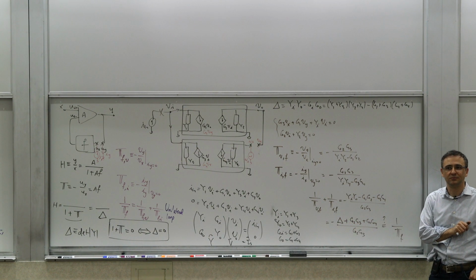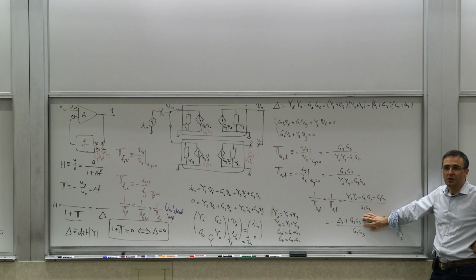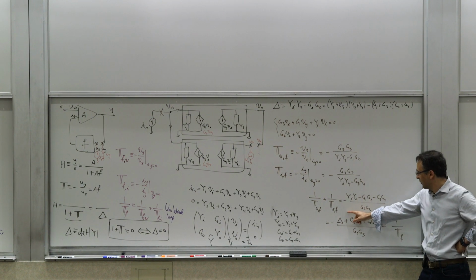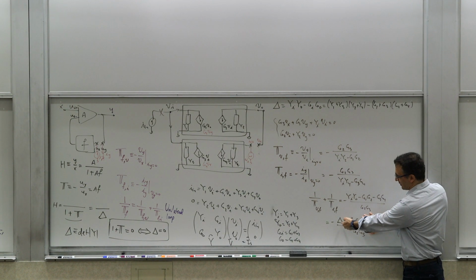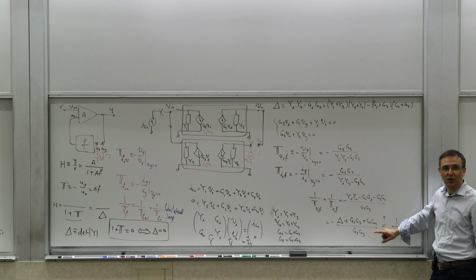Does it? No. Why? If I didn't have this term, do you agree that it would imply that delta is 0? Because if you want this to be 1, and this is G2 G3 over G2 G3, if this wasn't there, then delta has to be 0 for this to be 1. So this is the term that's causing trouble.